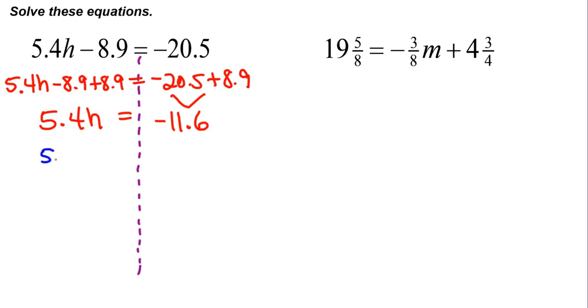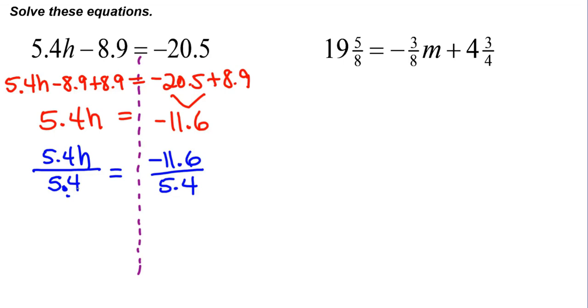I'm going to use division to do that. So 5.4h, I'm going to divide both sides by 5.4. And 5.4h divided by 5.4 is just h, and negative 11.6 divided by 5.4, I get a repeating decimal, negative 2.148 repeating. And there's my solution.